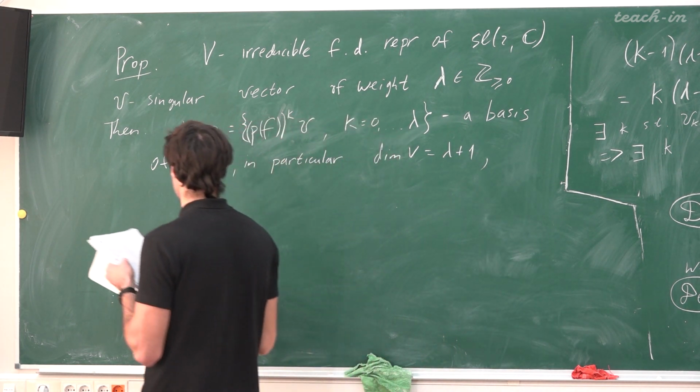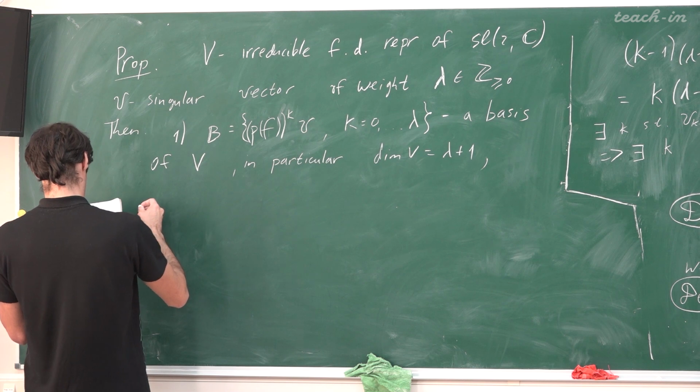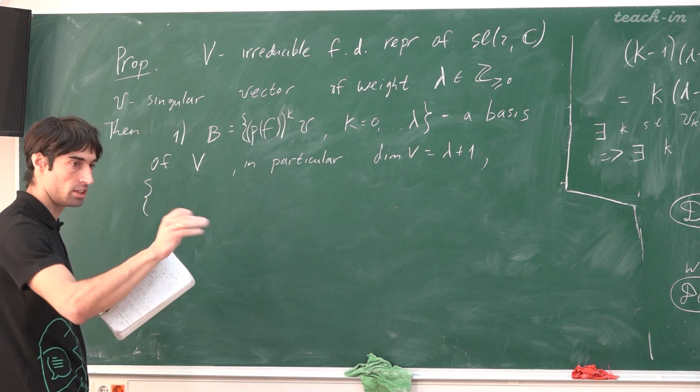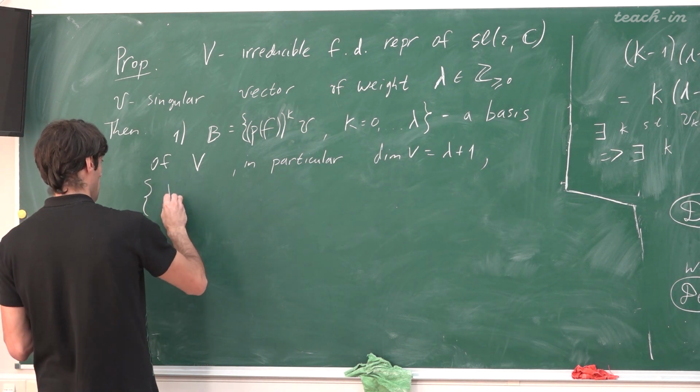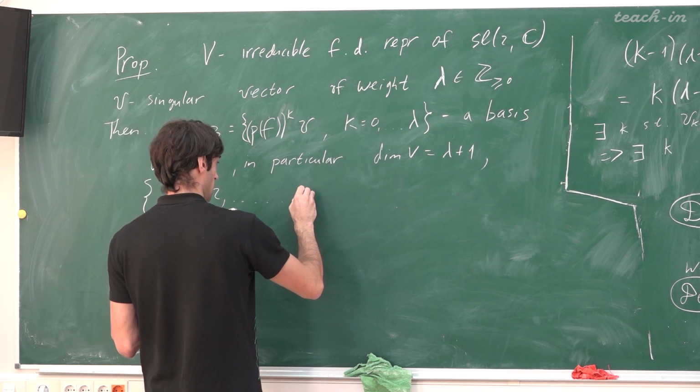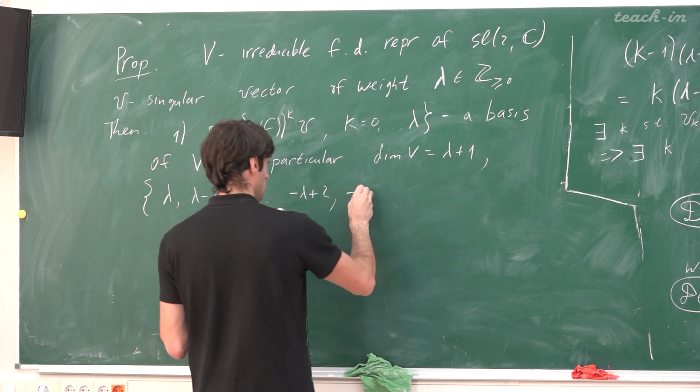And all possible weights of V are lambda, lambda minus 2, and so on, down to negative lambda plus 2, negative lambda.